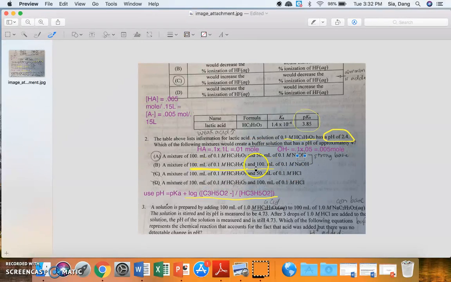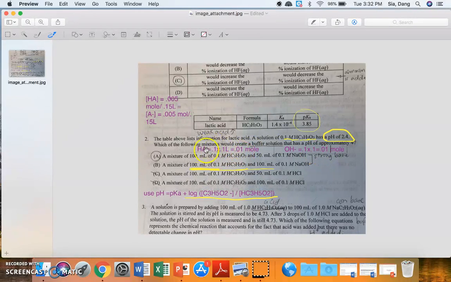Take a look at this one. What is it going to be? Well, 0.1 times 0.1 gives you 0.01 mole. What does that mean?